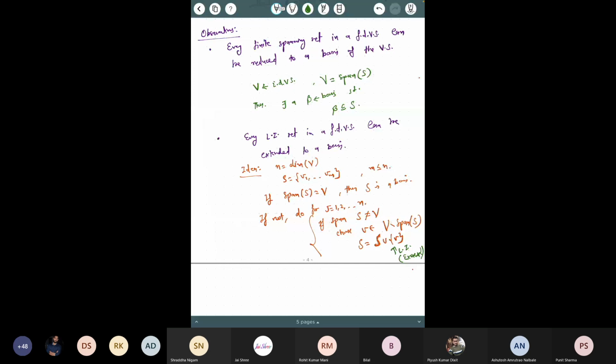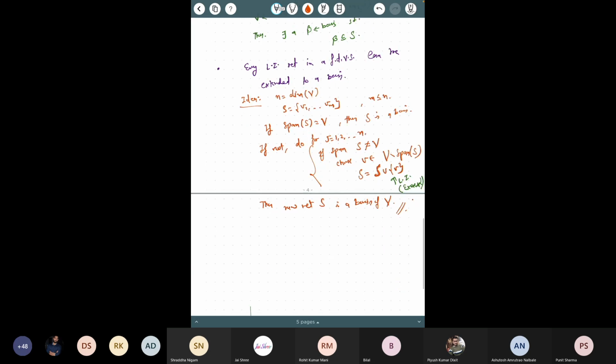So after these n steps, the new set S is a basis of V. This you can verify. This is very easy.